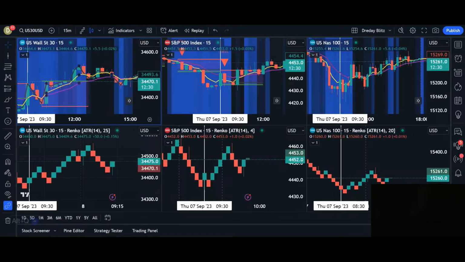We'll be doing some backtest updates from the session that we had yesterday. We had some buying pressure overall on all three indices. I'm going to explain exactly how we entered the trade and how we exited the trade.